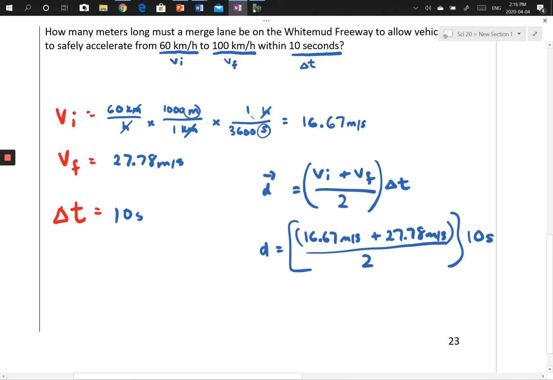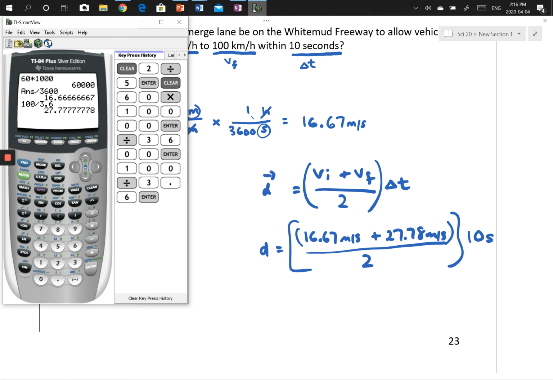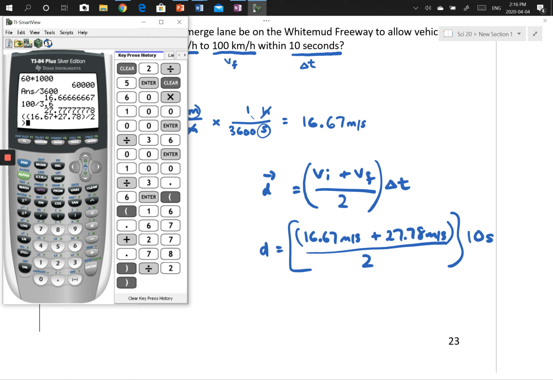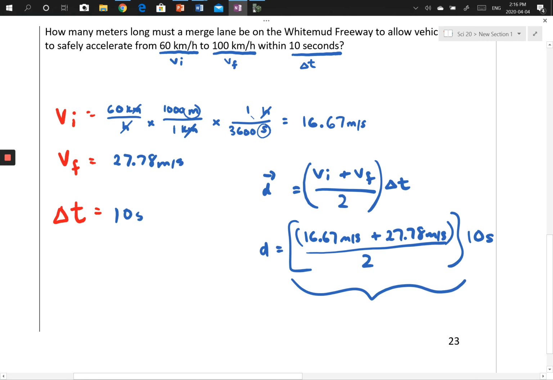So I'm going to put a couple of brackets: 16.67 plus 27.78. I close that bracket, divide that by 2, and then open another bracket. So I just did this whole part of the equation right here.